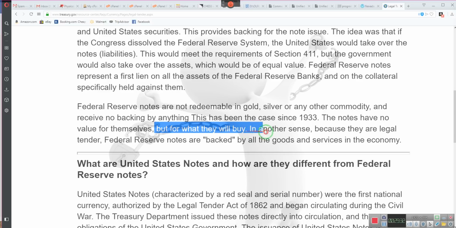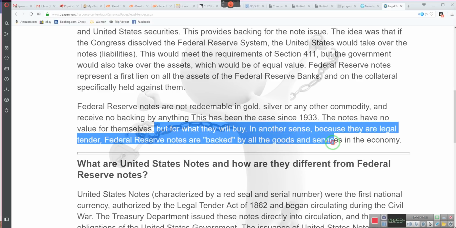Okay? In another sense, because they are legal tender, Federal Reserve notes are backed by all the goods and services of the economy. Okay, statutory interpretation. Statutory interpretation says if the second contradicts the first, then you ignore the second. Okay, they said they have no backing by anything. Federal Reserve notes in another sense. What sense? Nonsense? Pay attention.